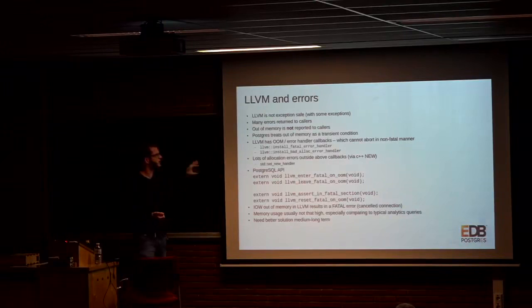Whenever Postgres enters LLVM code, we have to install a bunch of fatal handlers that get a callback. It's basically callbacks that occur when there are out-of-memory errors or other fatal errors.